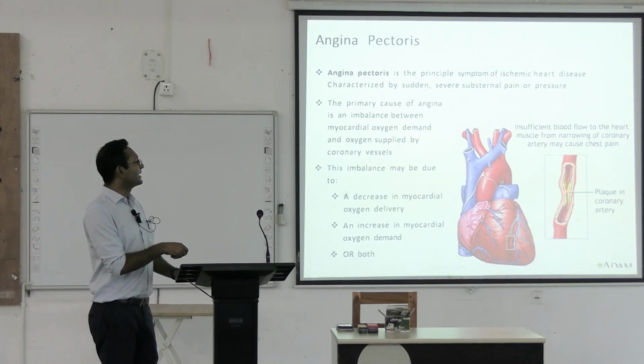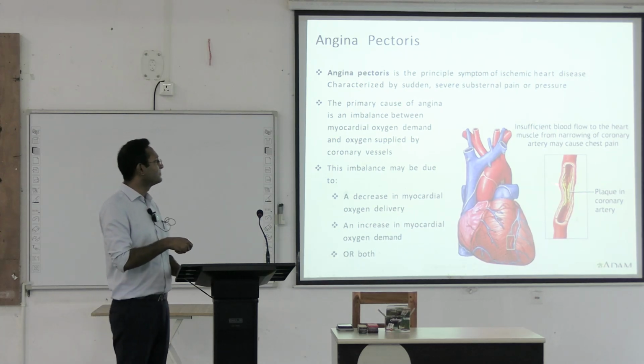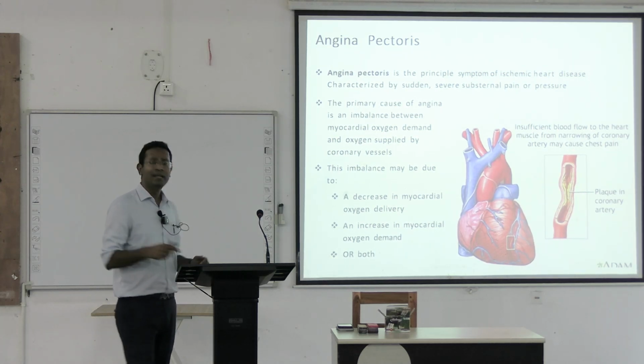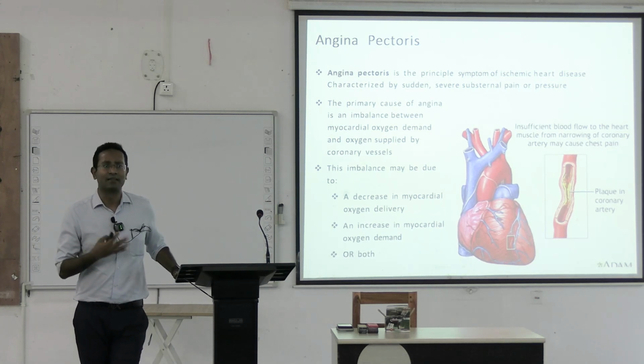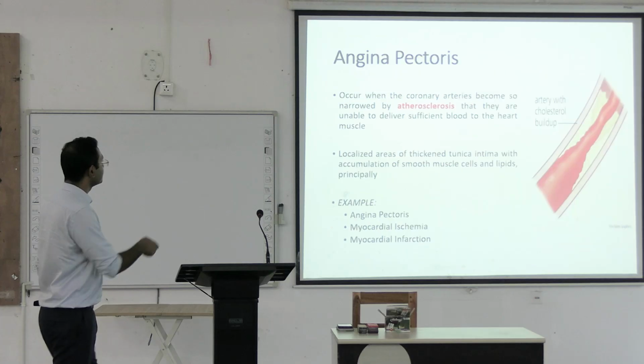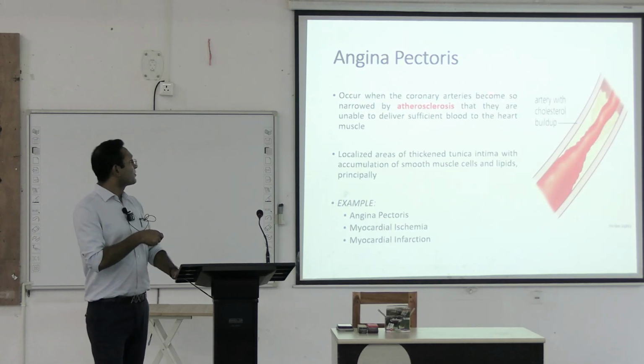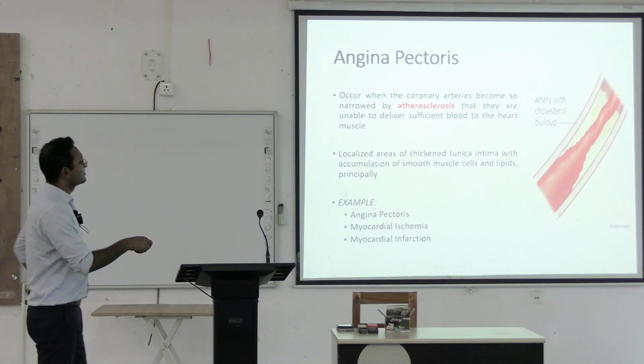This photo shows a plaque in a coronary artery. So, there is insufficient blood flow to the heart muscle from narrowing of the coronary artery, and this leads to development of chest pain or angina. It occurs when the artery becomes narrowed by atherosclerosis.